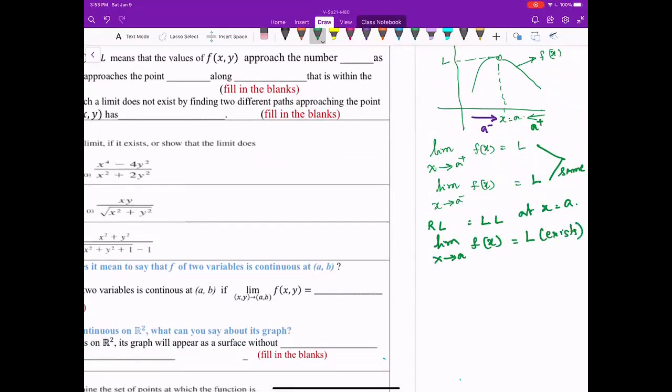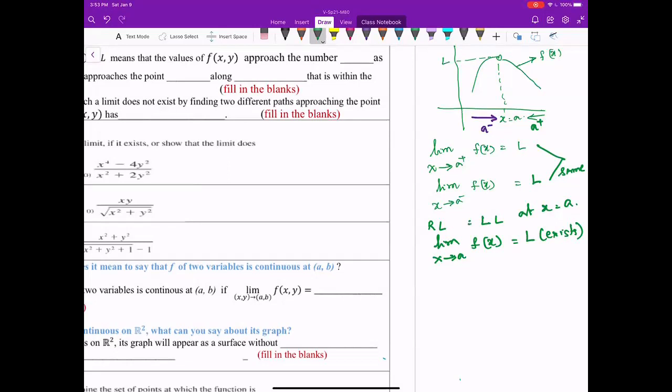So in order to prove that the limit exists, we are considering two paths: x approaching a from the right, and x approaching a from the left. For both paths, the limit value is equal to L. Only then do we say that the limit exists.